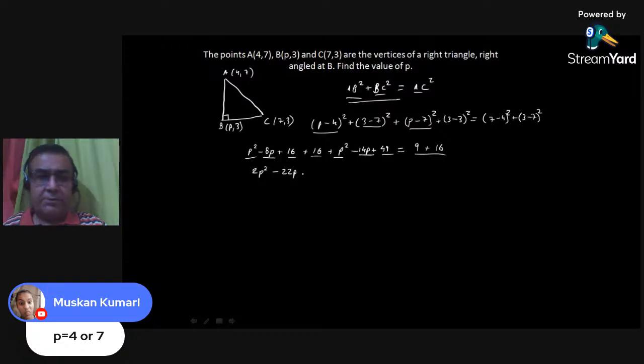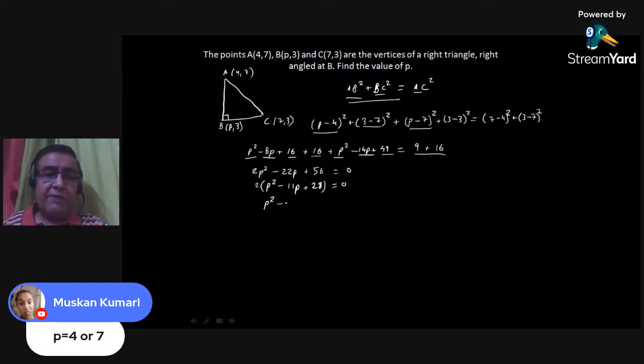When 25 goes to the other side, it will be subtracted from 81, and that should give us plus 56 is equal to 0. Okay, we can factorize out 2 from this, so we'll be left with p square minus 11p plus 28 should be equal to 0, and 2 obviously goes to the other side, that becomes 0.